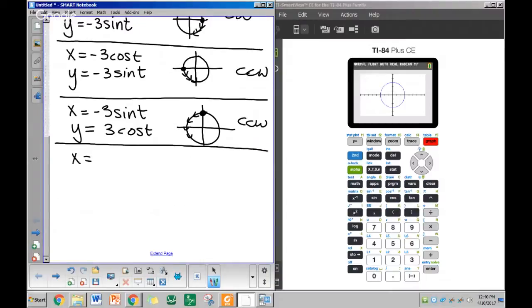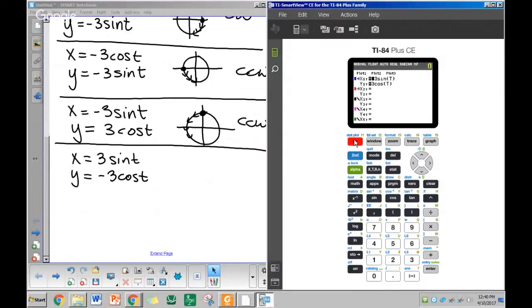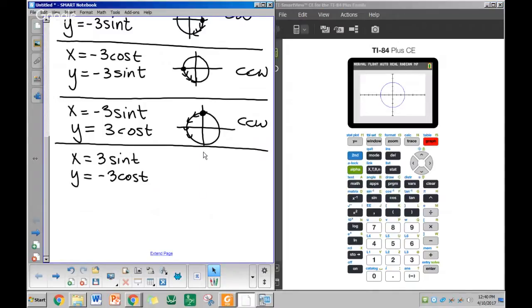I could say x equals positive 3 sine t, and then y equals negative 3 cosine t. We'll make this positive, and second insert the negative. That one started at the bottom, and where did it go? It went this way, didn't it?